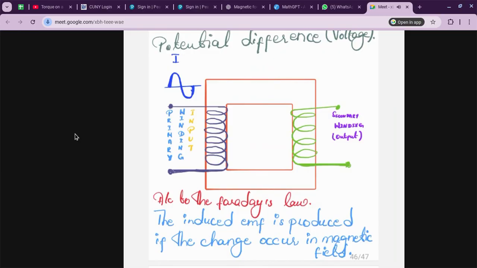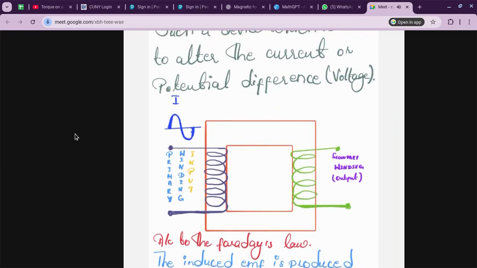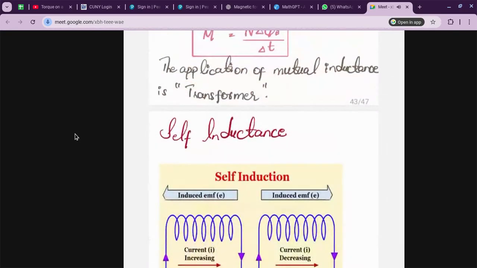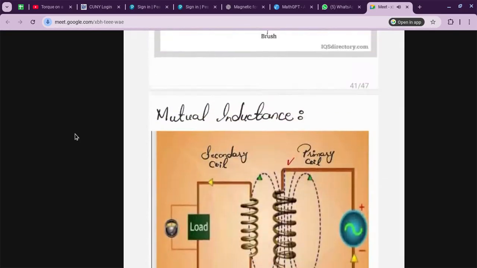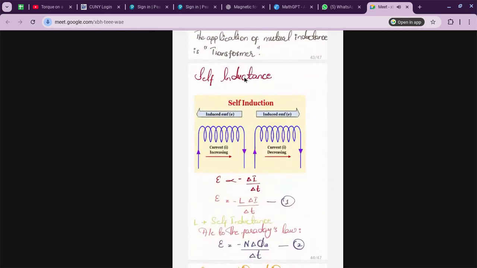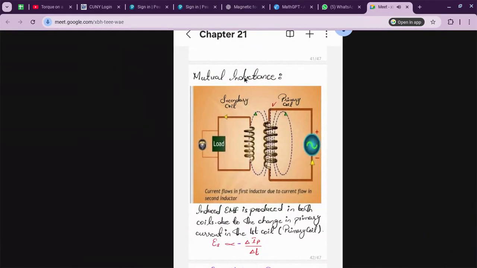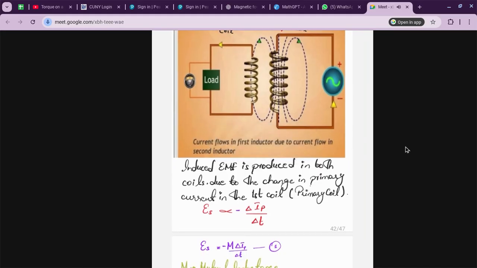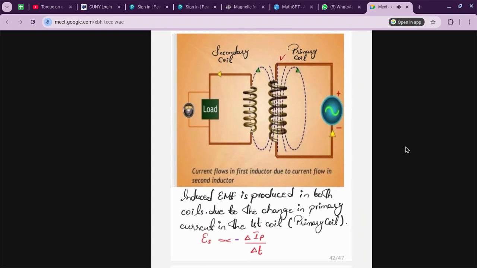So we have discussed two things previously. The first one is mutual induction, and the second one is self-induction. Mutual induction tells us that if there is a change in current or magnetic field in one coil, the induced EMF is produced in the secondary coil.